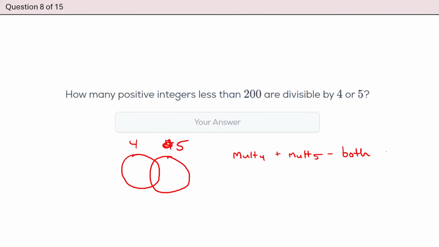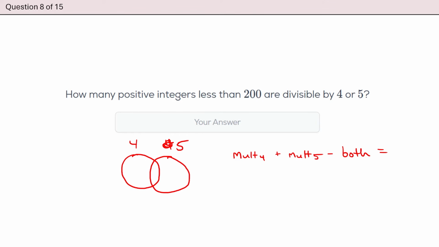The reason we're subtracting is not because we're removing those, but because we're removing the double counting. Whenever we find the multiples of 4, we're going to find these multiples of 4 and 5 as part of that process. Whenever we find the multiples of 5, as part of that process, we're going to find multiples of 4 and 5. So notice we're finding the middle area twice. We don't want to have it twice.